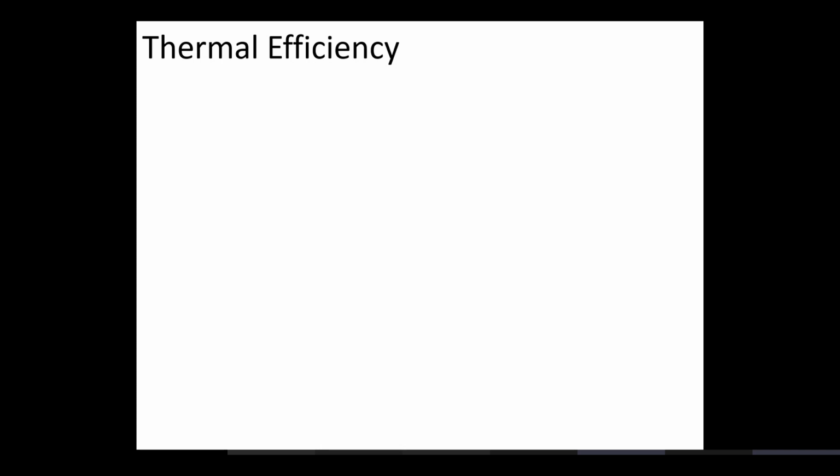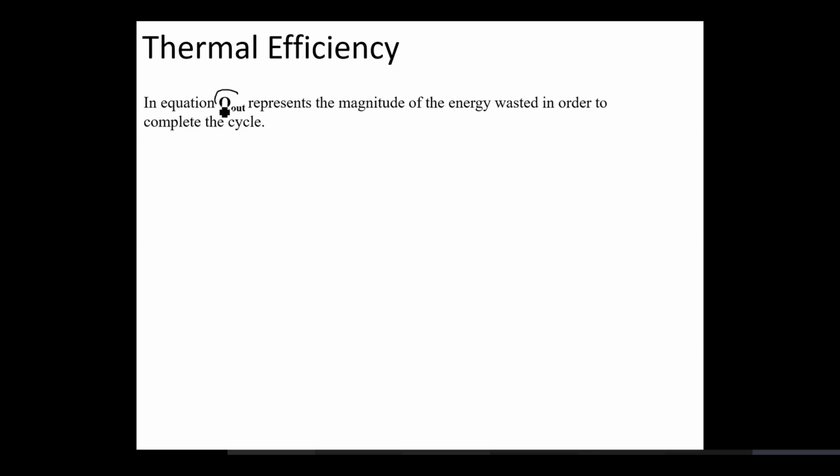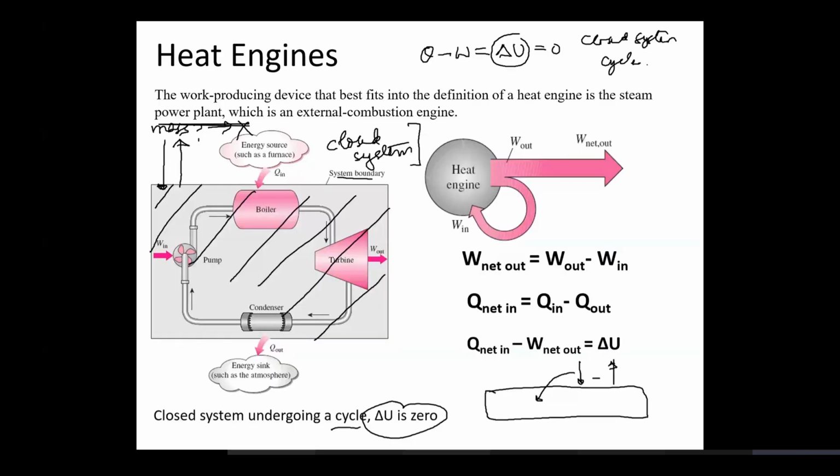Yes, sir. Now, how do you define the thermal efficiency of your system? In the equation, Q out represents the magnitude of energy wasted in order to complete the cycle. If the low pressure, low temperature steam is not passed through the condenser, you will not be able to get the liquid phase water at high pressure, high temperature. So you will not be able to complete the cycle if this heat is not rejected to the sink.